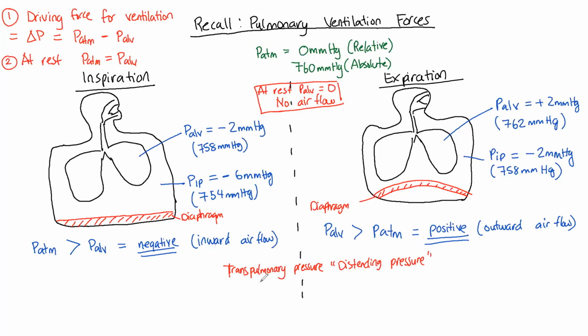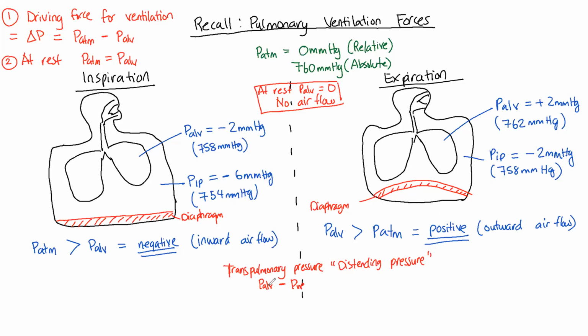Okay, and so we describe it as being the alveolar pressure, intraalveolar pressure, minus the intrapleural pressure. It can be different on this end and different on this end, but it's highest during inspiration. That's because the lungs really want to distend during inspiration.